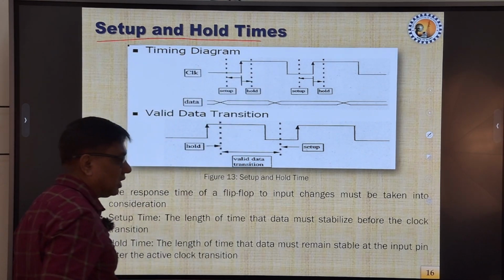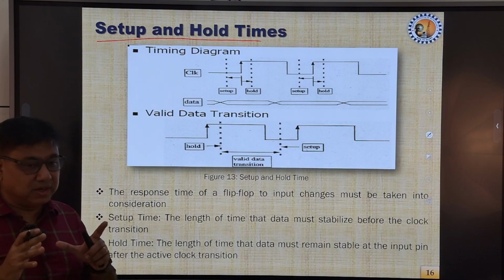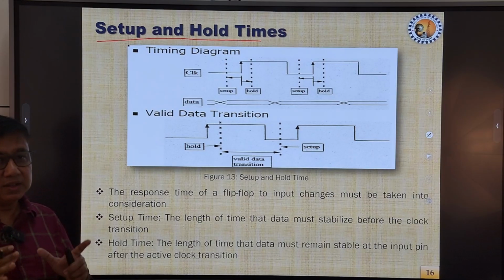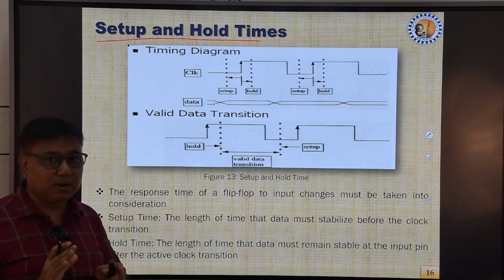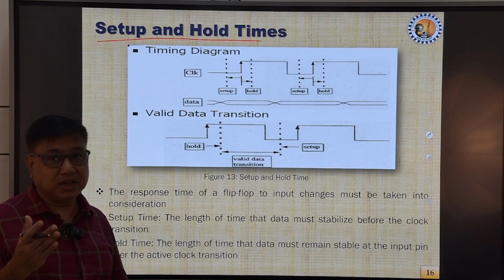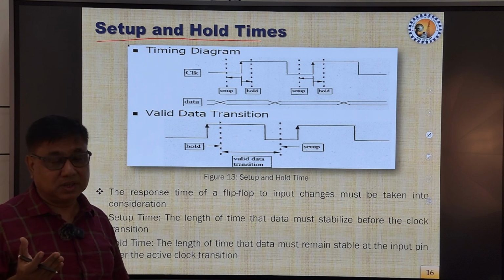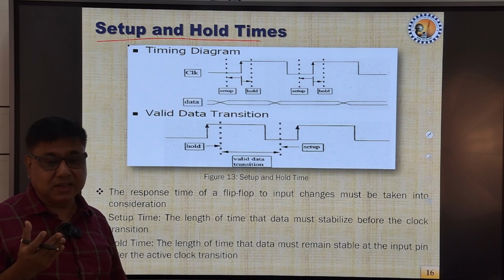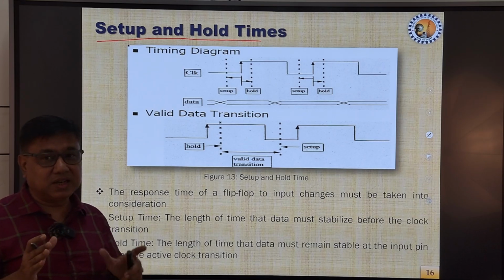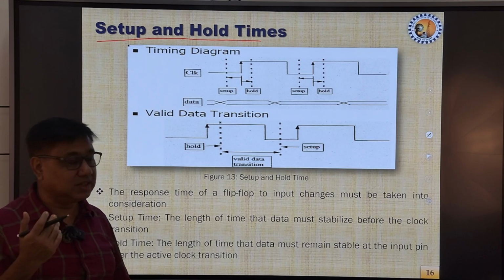When we design a bigger circuit, these parameters we need to keep in mind, so that the circuit that we design will give us the desired performance. If we violate these conditions, then though we design the circuit, the result may not be the expected one, there may be glitches.